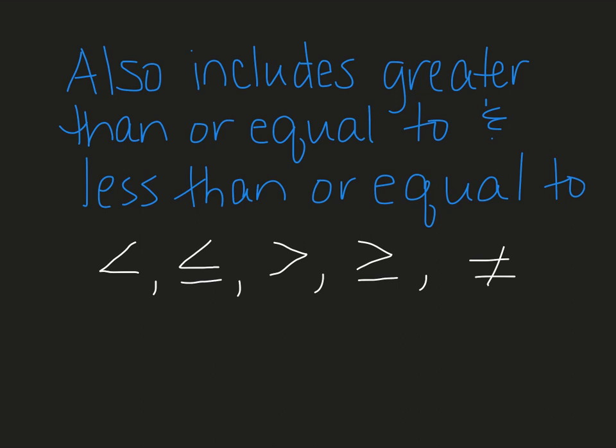So this one here is less than or equal to, greater than or equal to, and this is the not equal to, and you read that from left to right. So if whatever number is on this side is less than the number on this side, okay, so left to right.